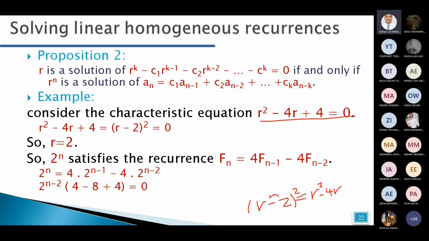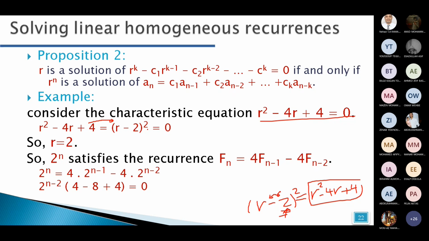Both terms multiplied together, multiplied by 2. Then the square of the second term, which is plus 4. So this equation is very famous. If we have this characteristic equation, we can write it as a perfect square, which is equal here to 0.